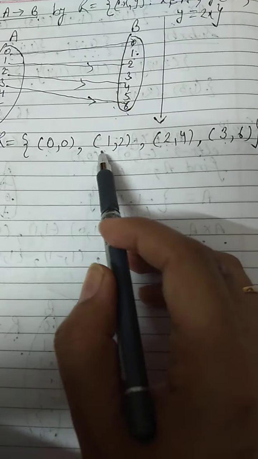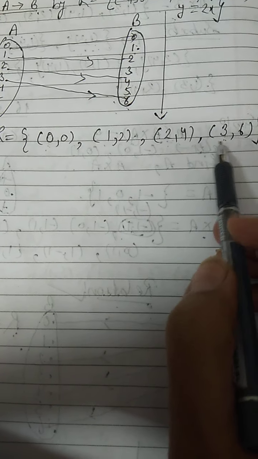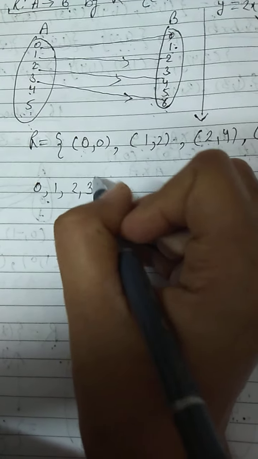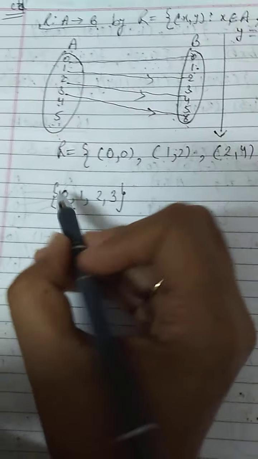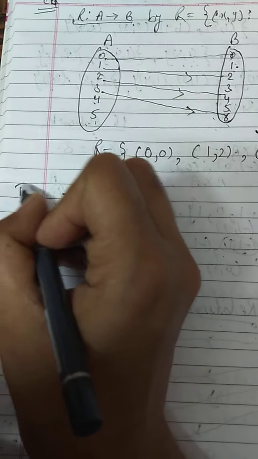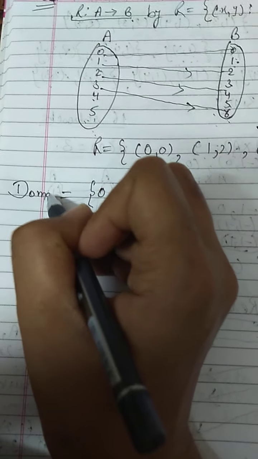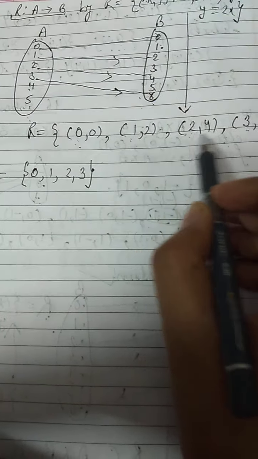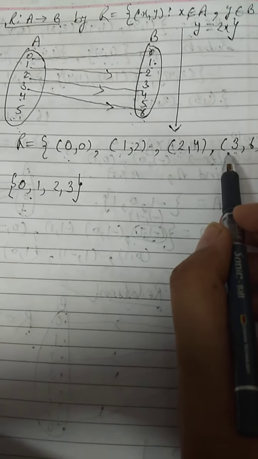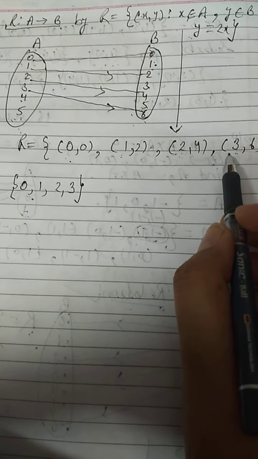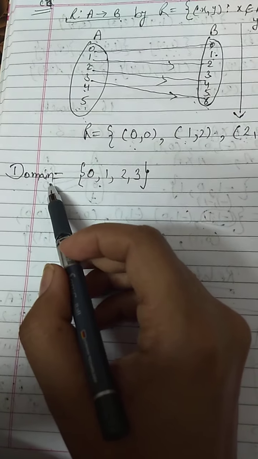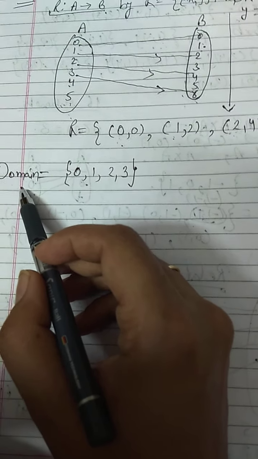If I take the collection of all these first elements of the ordered pairs of the relation, this collection is called the domain of the relation. Remember, the collection of all the first elements of the ordered pairs of the relation R is called the domain of the relation R, and this is how we will write it.